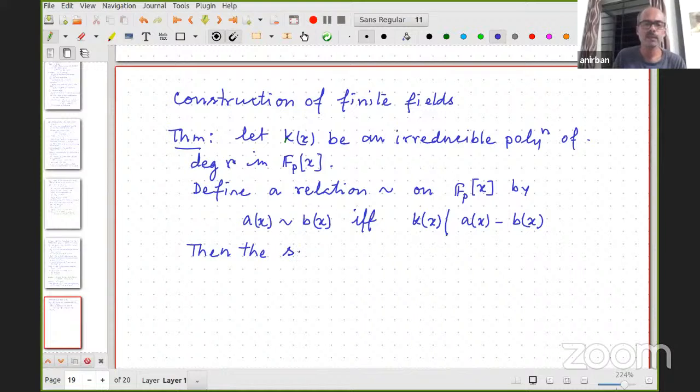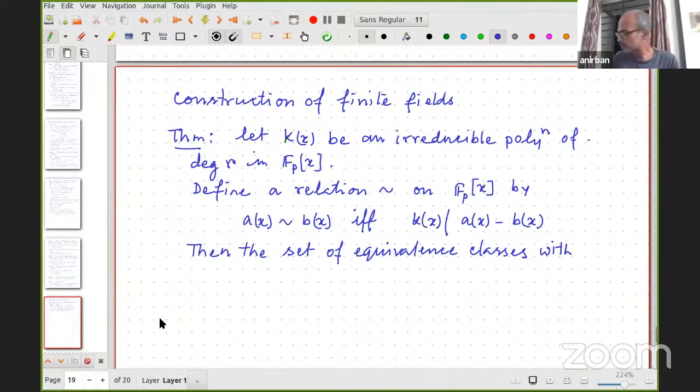Then the set of equivalence classes with the usual definition of addition and multiplication.